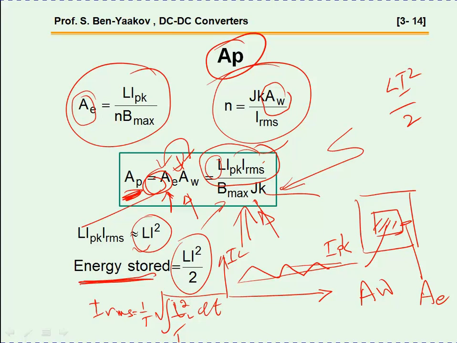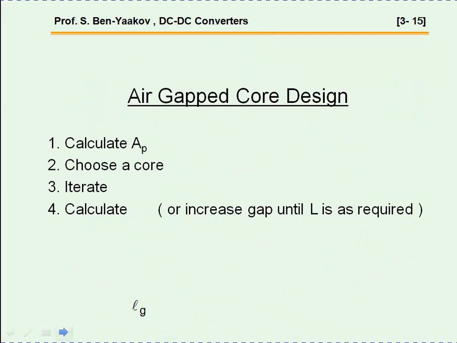We assume, of course, that we are filling all the area here with the winding, which may not always be the case, but we are trying to maximize the core by doing that. So this is a very, very important equation. With this equation, one can actually design a core in a straightforward, one-way direction rather than iteration, which other methods are using.